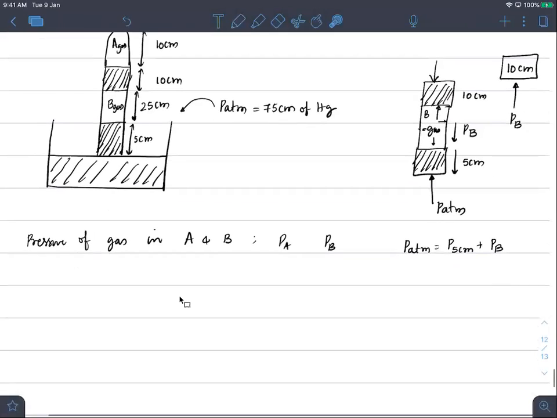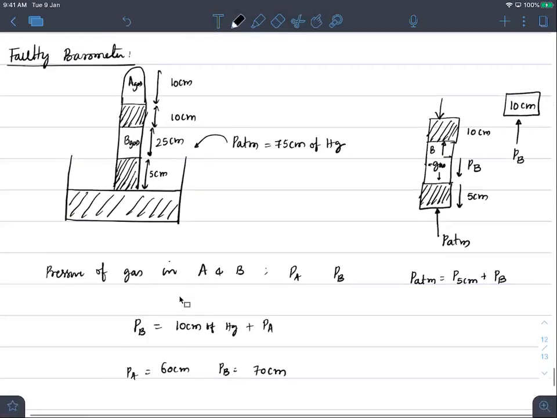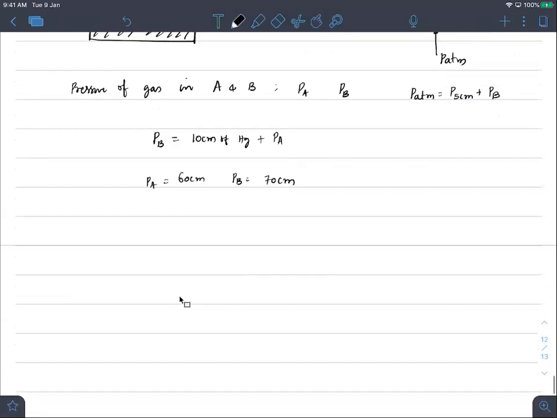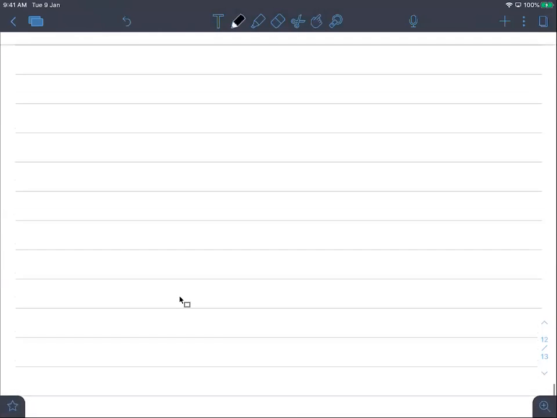So we can say that pressure on B gas will be equal to 10 centimeters of Hg column plus pressure of A. Solving this, we will get pressure of A is 60 centimeters and pressure of B is 70 centimeters. I think all of you understood this type, right? So these are very easy ones. So I guess you know how to do these types.